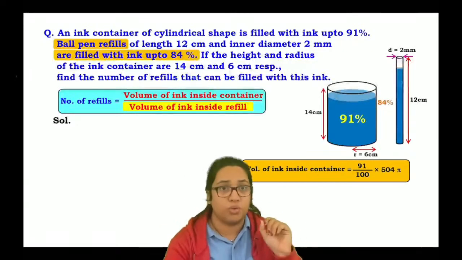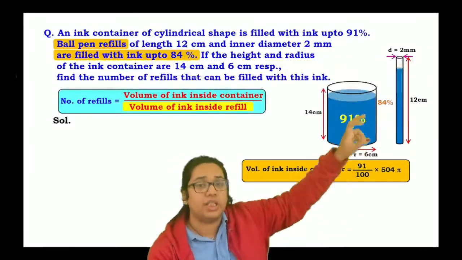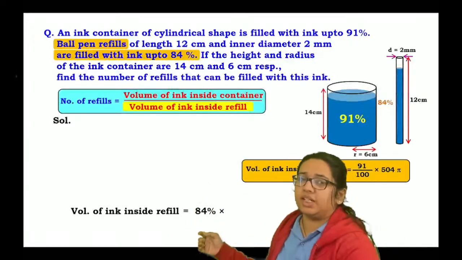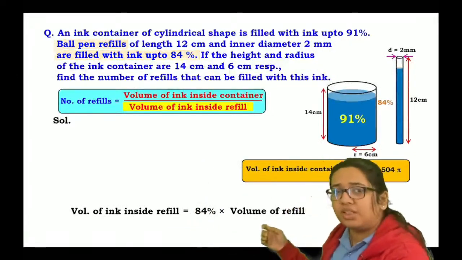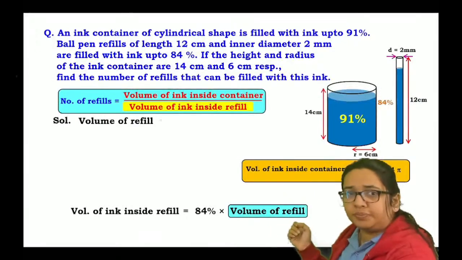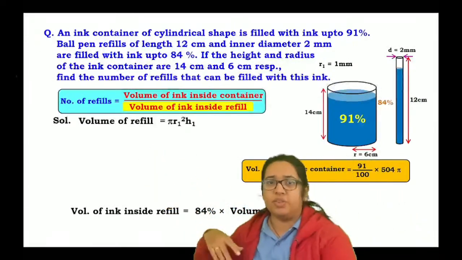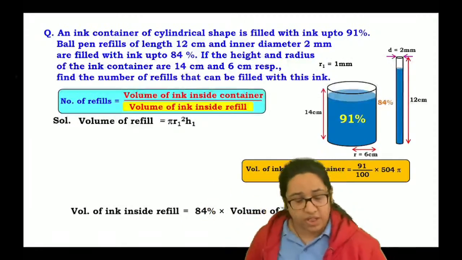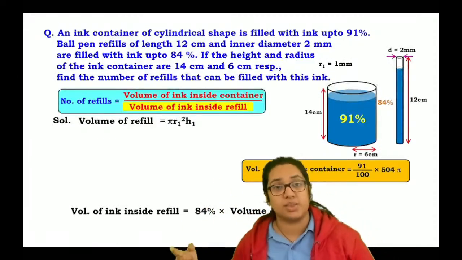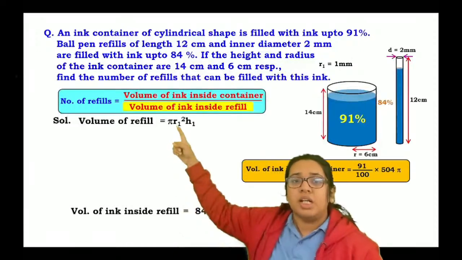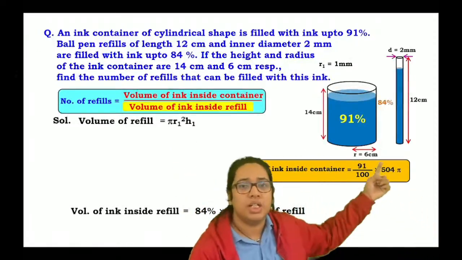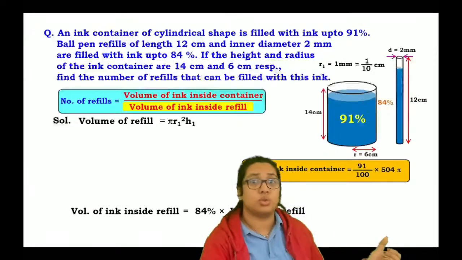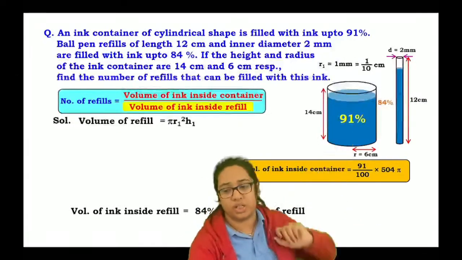Now we'll find the volume of the ink inside the refill. The volume of ink inside the refill is 84% of the volume of the refill, and the refill is again cylindrical. So again we use the formula pi r square h, but the radius of the refill is given as 2 mm. First of all, we have to convert it into centimeter.